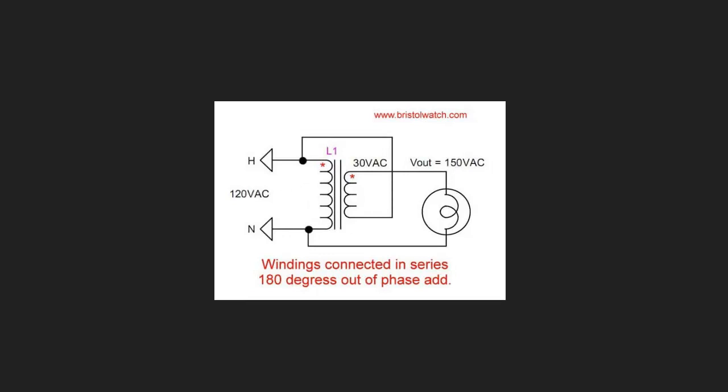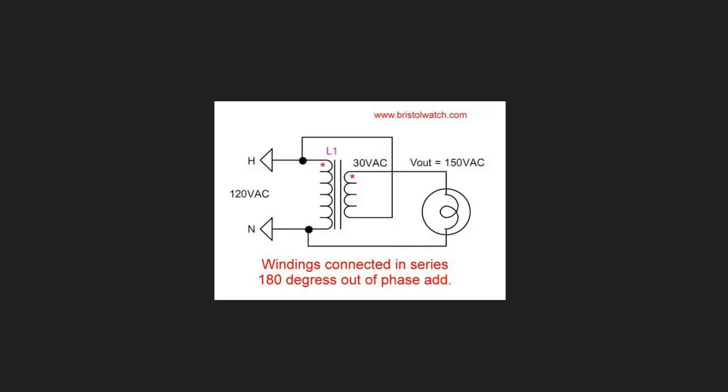Now here we have a standard wound. This is not a buck boost. This is just a boost transformer, and you can see here the voltage is increased. So how's the voltage increased? We've got 120 volts AC on the input, and on the output we've got 150 volts AC. So what's happening here effectively is that the input voltage is assisted.